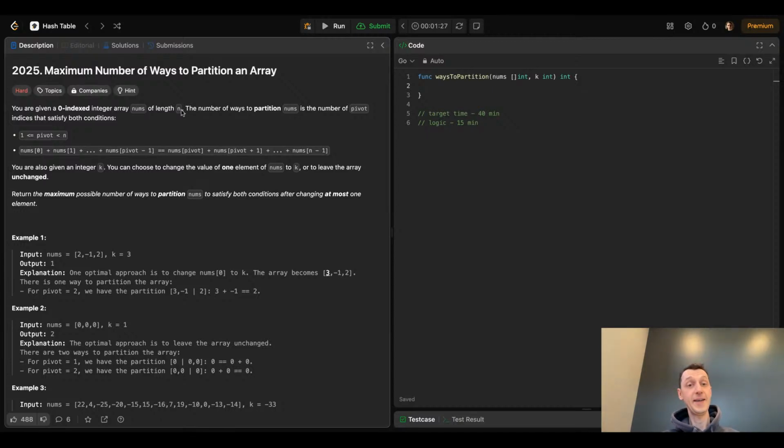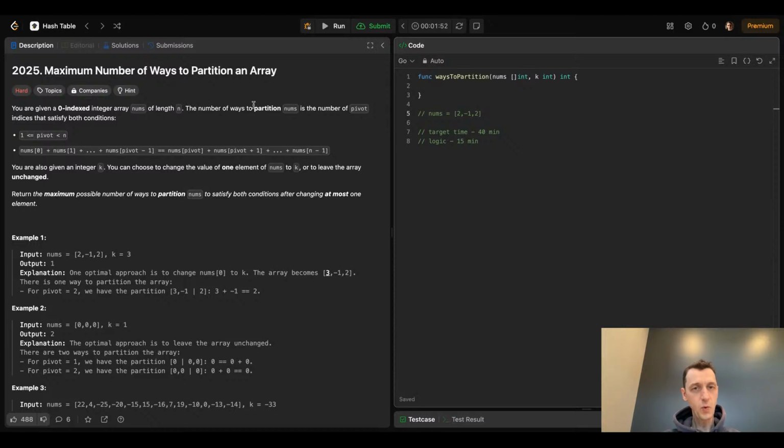Okay, that part I get. So there is this array, 2, -1, 2.